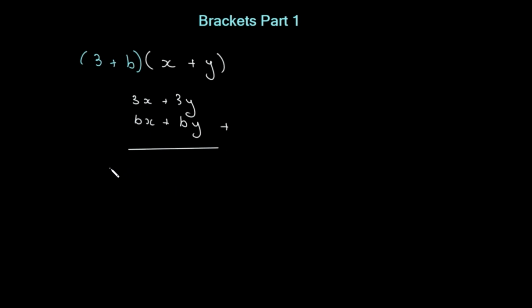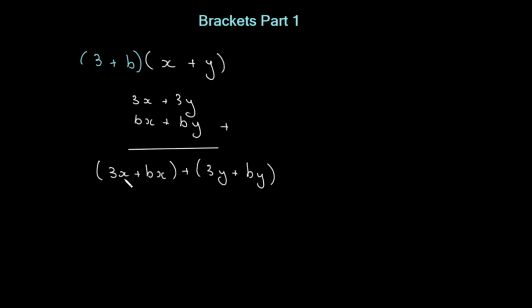We end up with 3x plus bx. That's this one here. I'm going to group it. We have to add them together, so that add goes there. Now 3y plus by. We've now got 2 groups, and we can factor each of these groups.